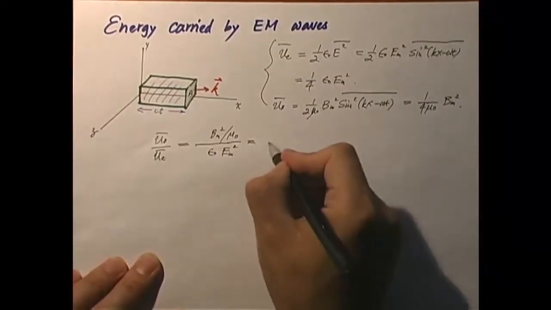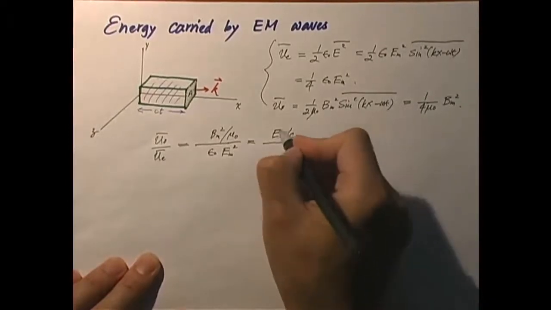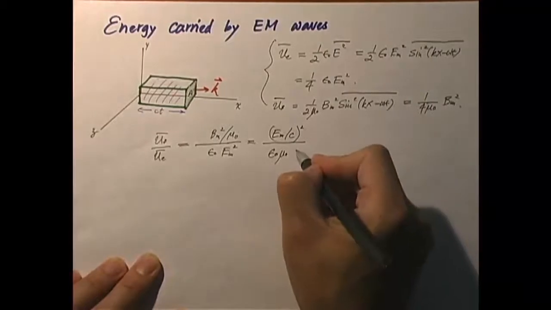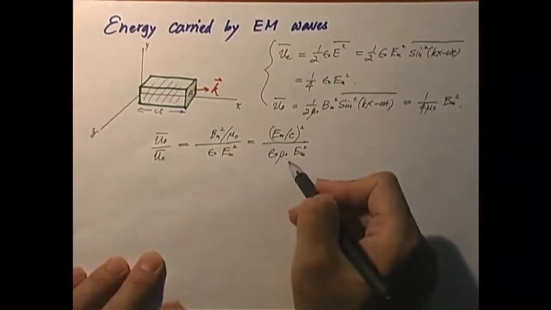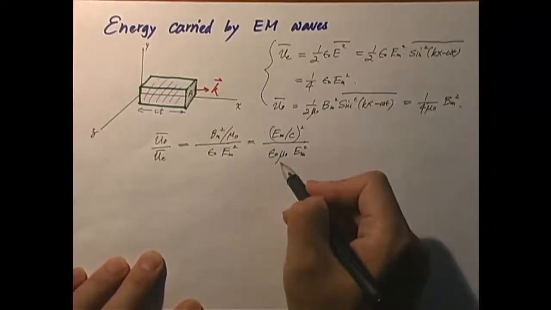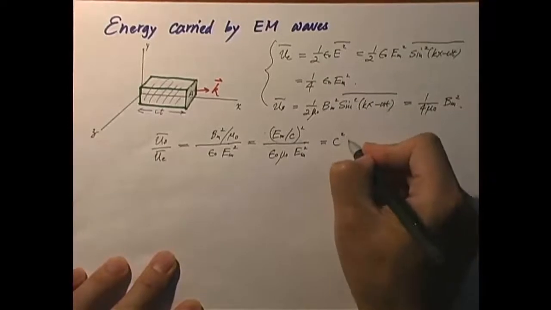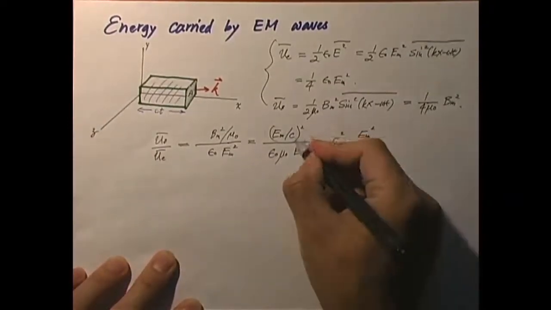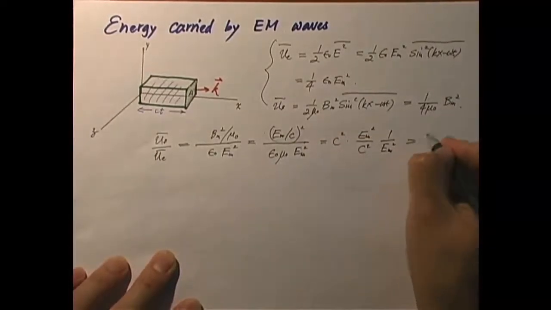Now B maximum itself is E maximum over c, so you square it, and there is an epsilon naught, mu naught, and an E maximum squared. What is 1 over epsilon naught mu naught anyway? Isn't that c squared? So this is really c squared times E maximum squared over c squared, divided by E maximum squared. See that? That's exactly 1.